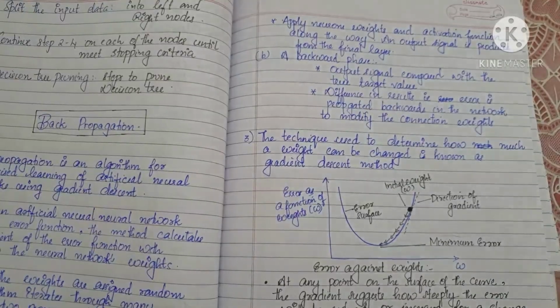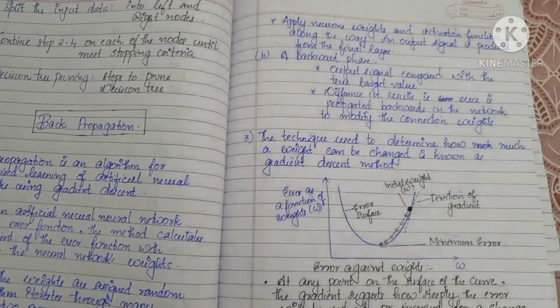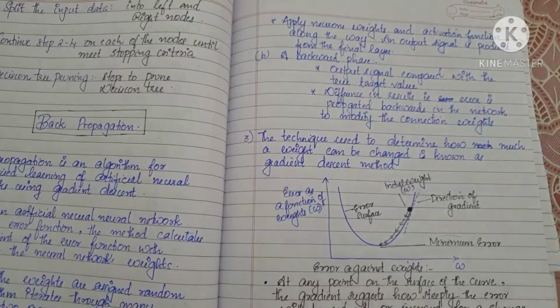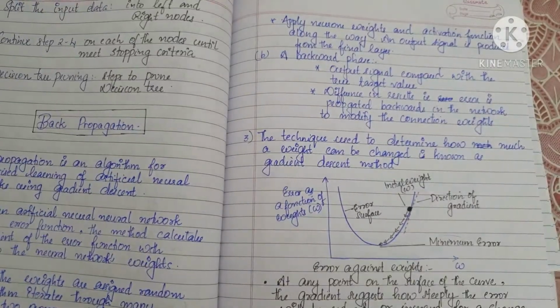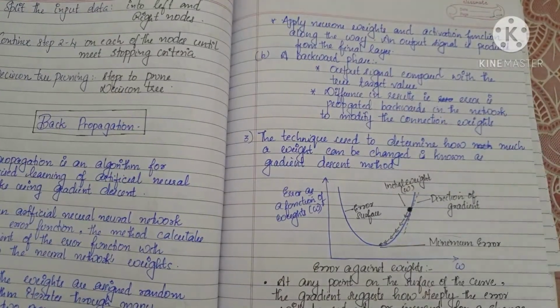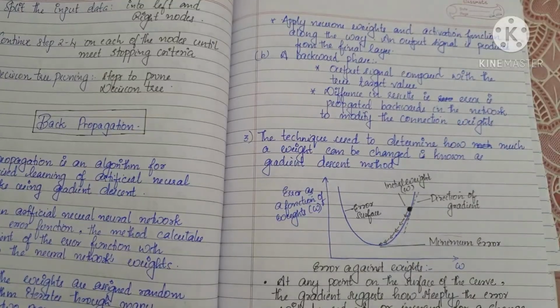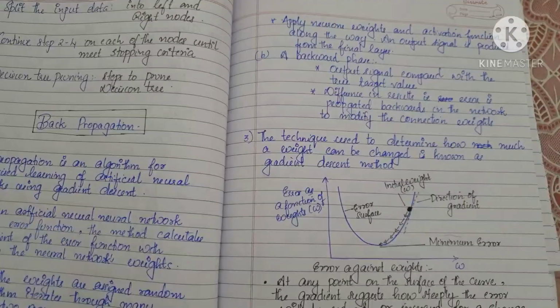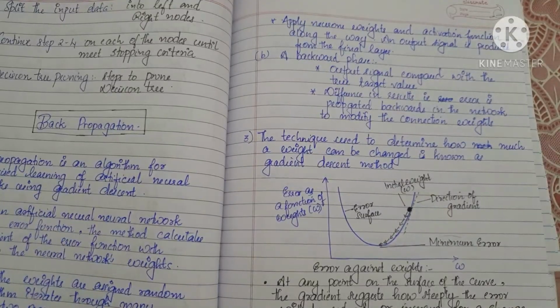The second phase is the backward phase. What will the backward phase do? In the backward phase, we compare the output signal obtained from the forward phase with the true target value. Because it is a supervised learning algorithm, the particular input will already have a target output value, so we compare our obtained output signal with our true target value.